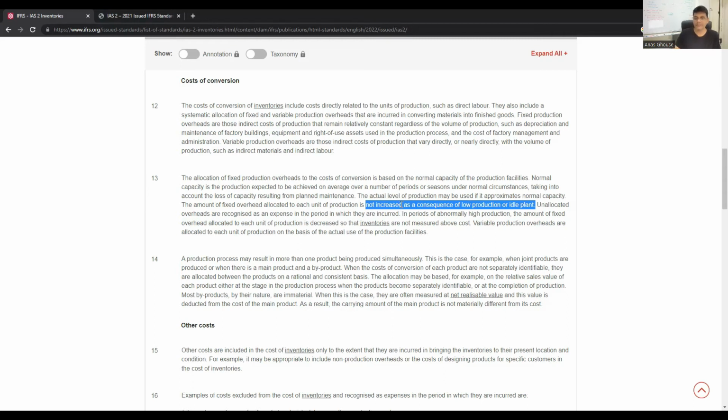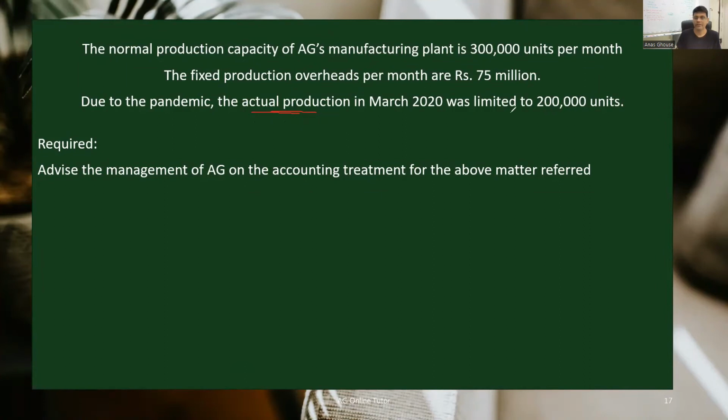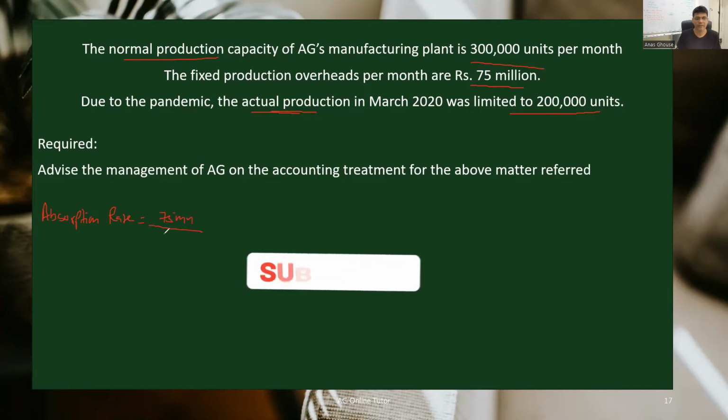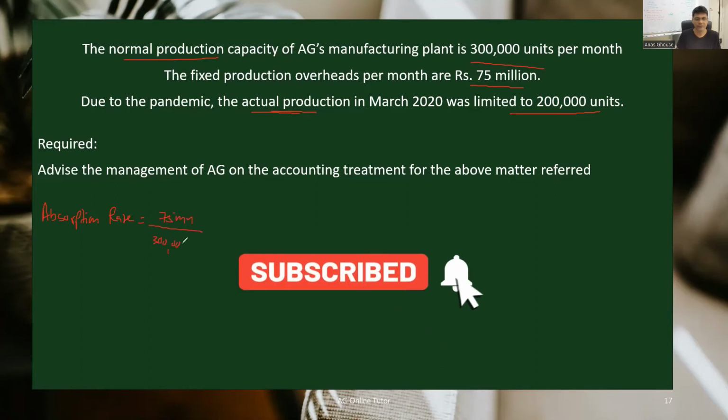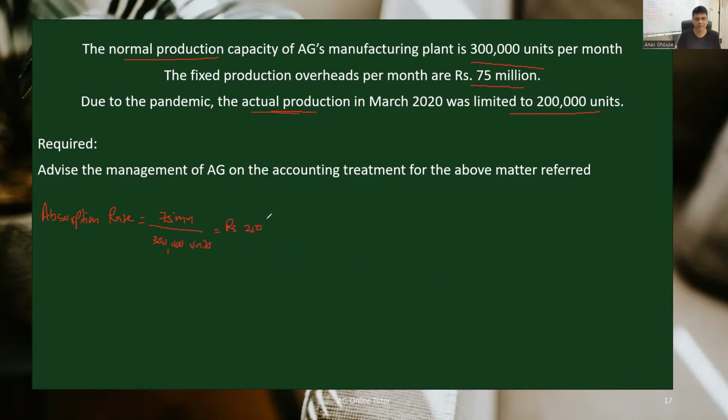So going back to the presentation, actual production is 200,000 units. The normal production capacity is 300,000 units per month, and the fixed production overhead cost is 75 million. So our fixed production absorption rate was how much? 75 million rupees divided by 300,000 units, which is 250 per unit.